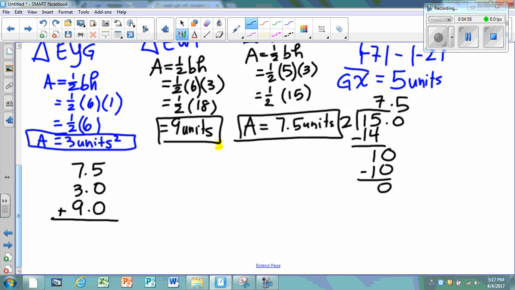So we know all those are unit squared. So 7 and 5/10. And then we're going to add up the 7 and the 3 is 10, plus 9 more is 19 units. 19 and 5/10 units squared is our total, and that's the total outside triangles.